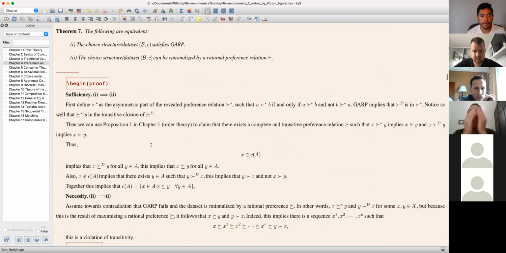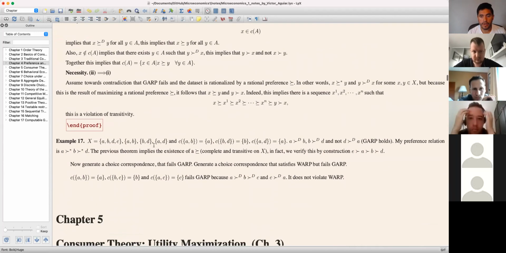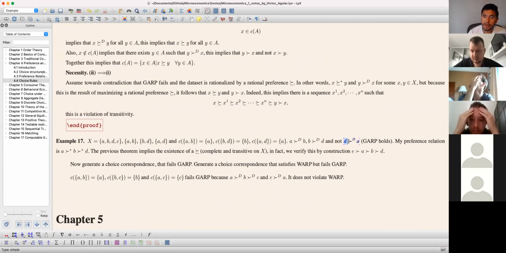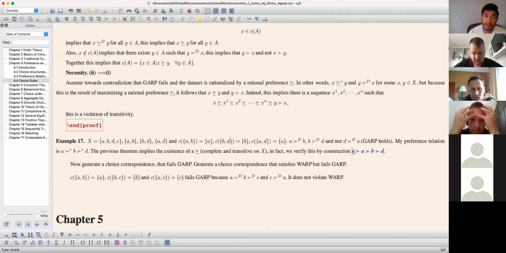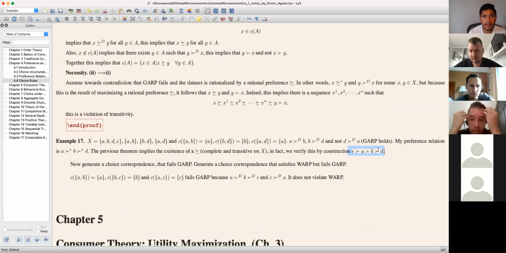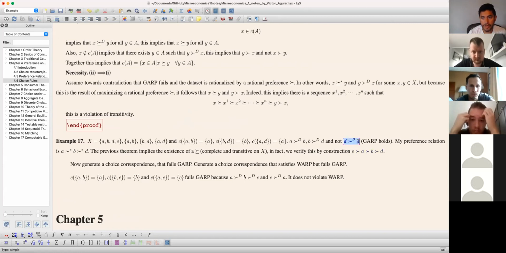As you can see from this particular GARP example, this preference relation, the direct preference relation, can always be completed in arbitrary ways. This example here is an example of a completion. So this is a transitive closure. E is better than A, better than B, better than D. This thing is complete and transitive, and it includes this information derived from here: A is better than B, B is better than D, and D is better than A.